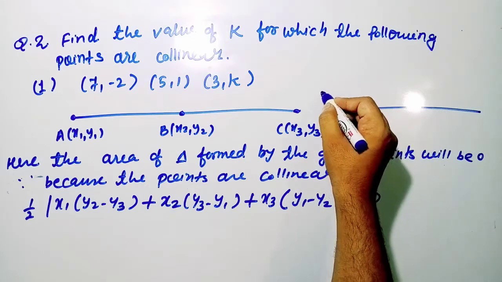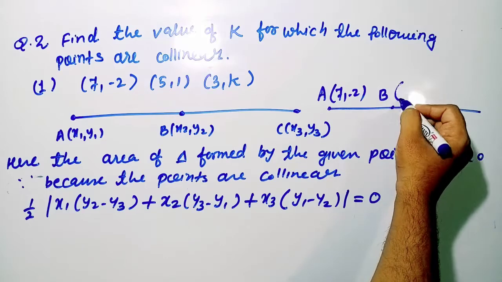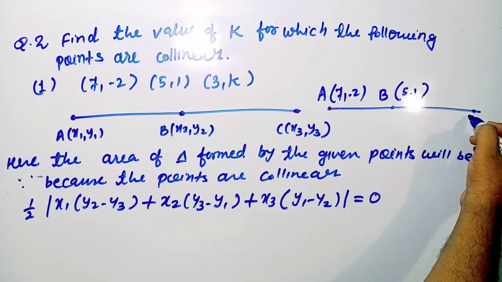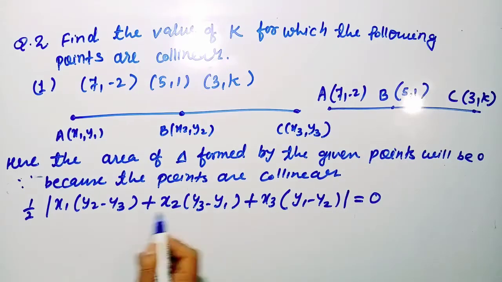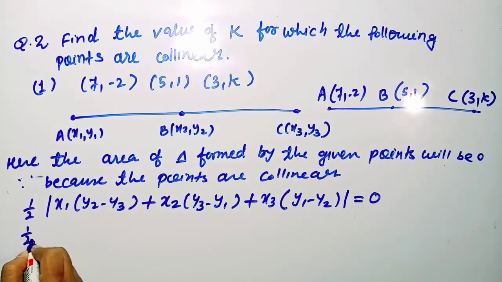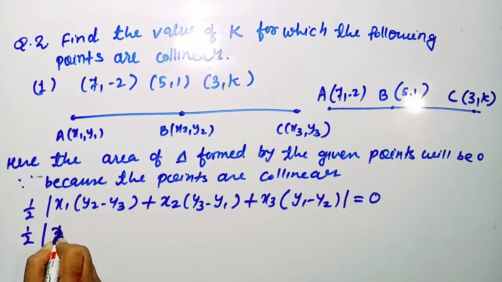So now putting the values of vertices A, B and C. These collinear points can be compared with x1, y1, x2, y2 and x3, y3.